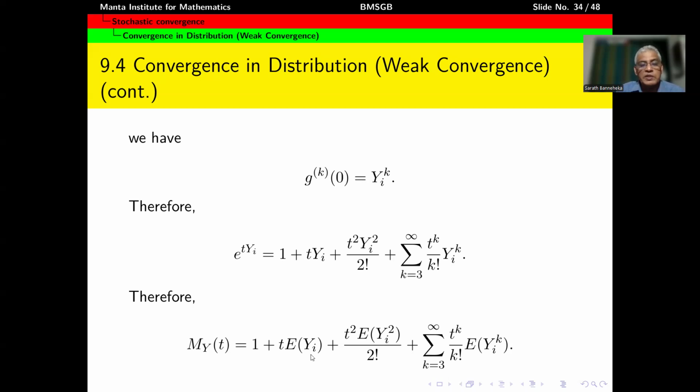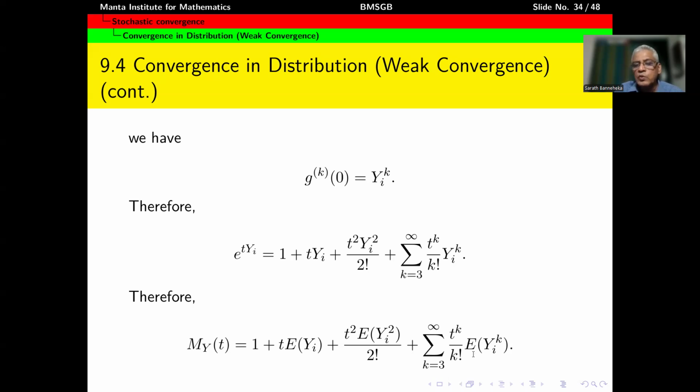But remember, the expected value of Yi is equal to 0 for each i. And because the variance of Yi is equal to 1, the expected value of Yi square is equal to 1 as well, because the expected value of Yi square is equal to the variance of Yi plus the expected value of Yi whole thing squared. So thereby you get the expected value of Yi square is equal to 1.